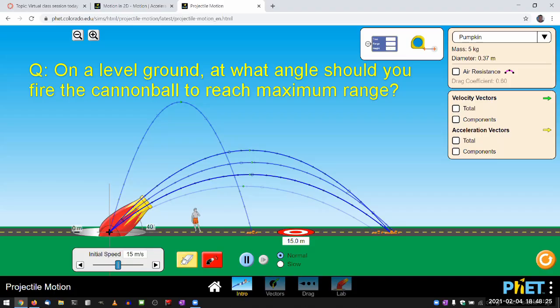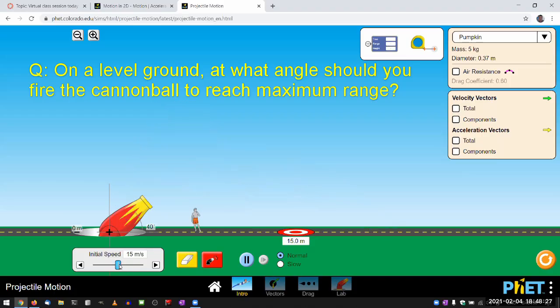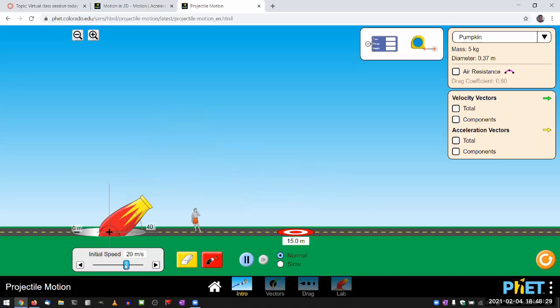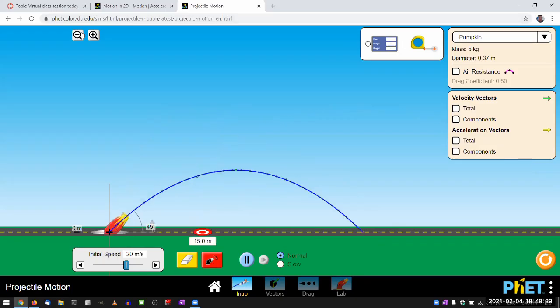You can also test it at different speeds to make sure that this result isn't somehow dependent on your initial speed. Higher initial speed will mean that it goes farther. Maybe I can make it 20, and try to take up the whole screen.